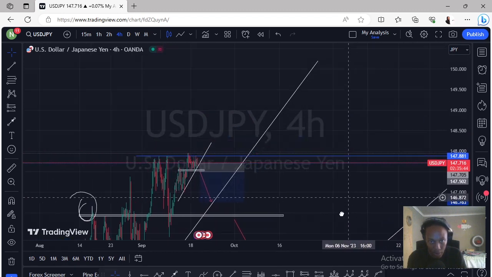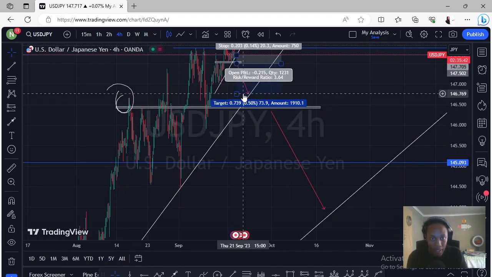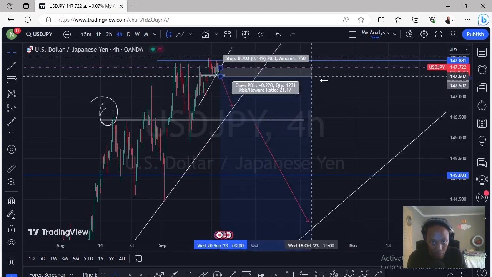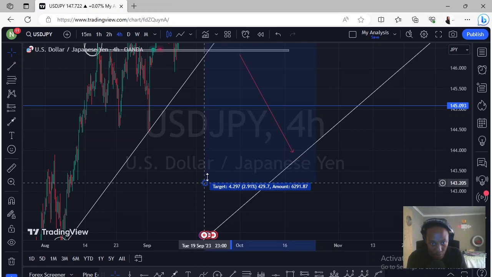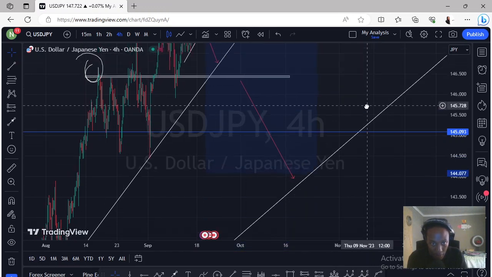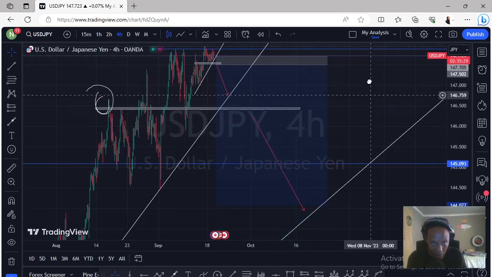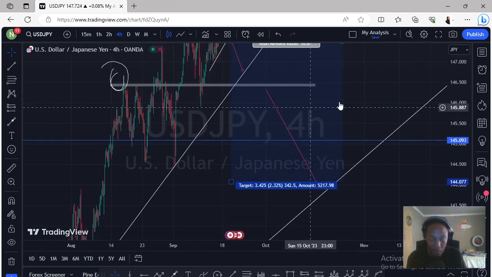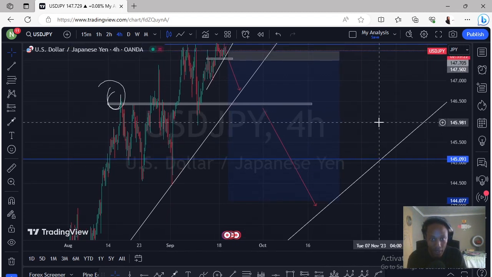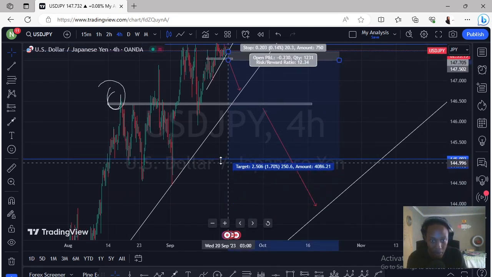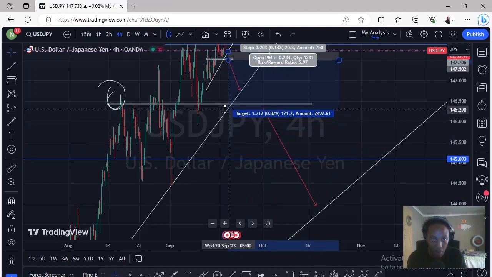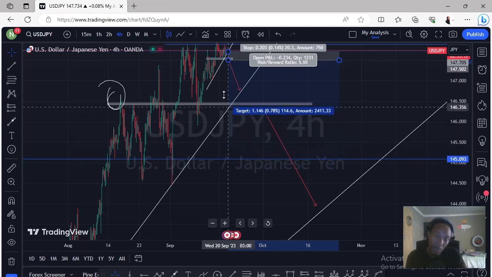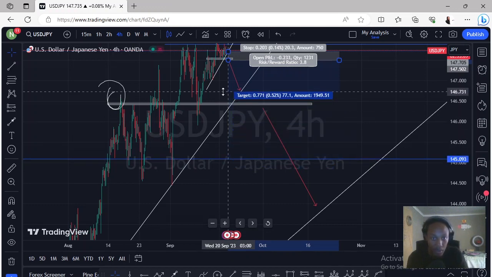So yeah guys, and if ever the overall move, let me just see the overall move. The overall move might give you how many pips is this? 340 pips. So it can give you 340 pips. So let's see, 100 pips, 200 pips, 70 pips.